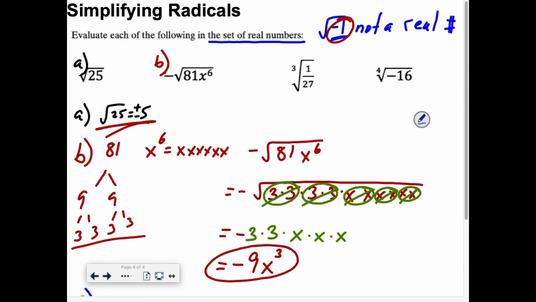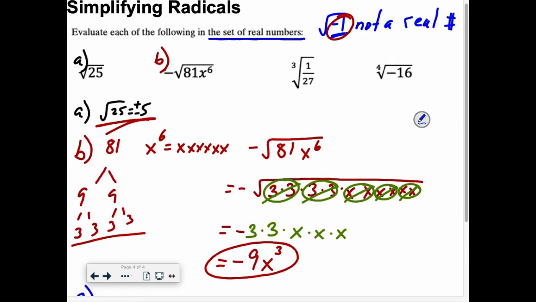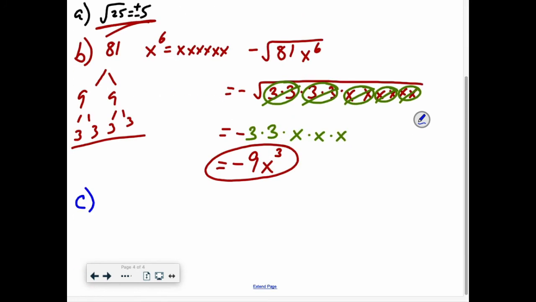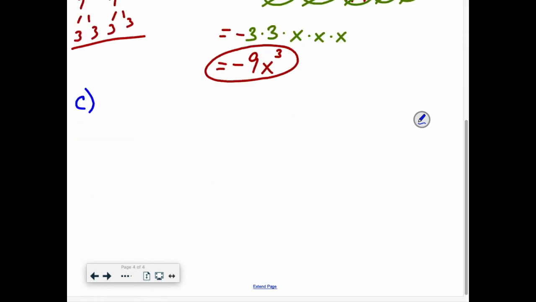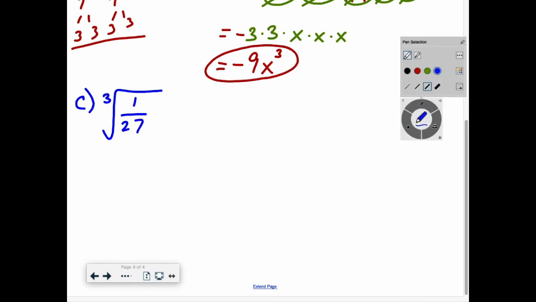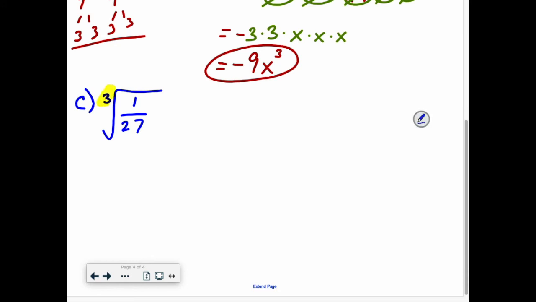So for C, I have the cube root of 1 over 27. Because my index here is 3, I can do a very similar method to what I did in the previous one, except instead of looking for groups of 2, I'm going to look for groups of 3. So this is just equal to 1 and 3 times 3 times 3.